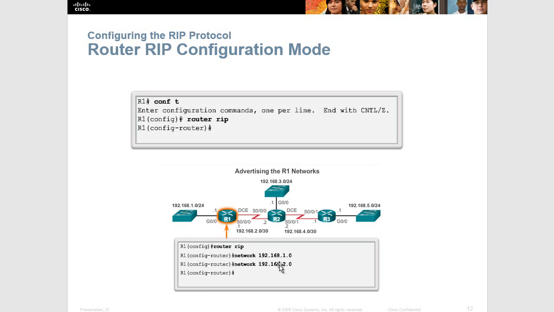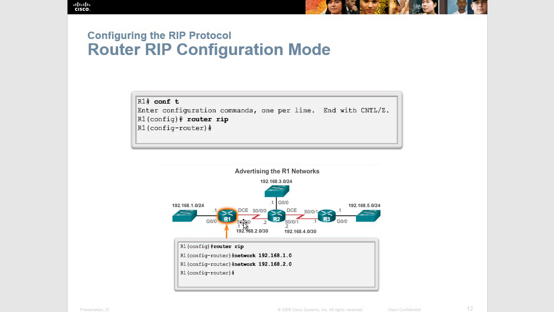So for instance, this 192.168.1.0 matches this network over here, which is connected to your G0/0 interface. So since there's a match there, you will advertise that network. If G0/0 were not connected to this network, then the 1.0 network would not be advertised.